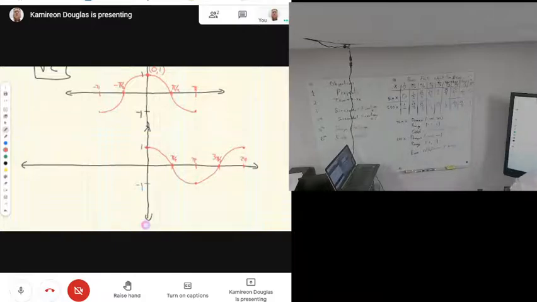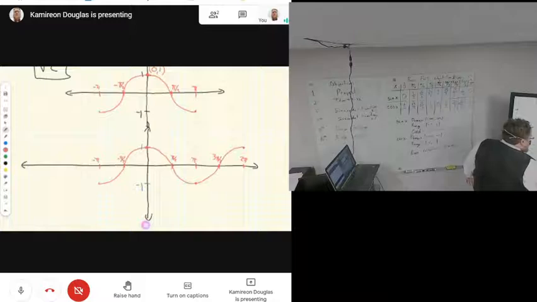There we go. And to the left, at negative pi over 2. At negative pi. That's negative 3 pi over 2. And negative 2 pi.